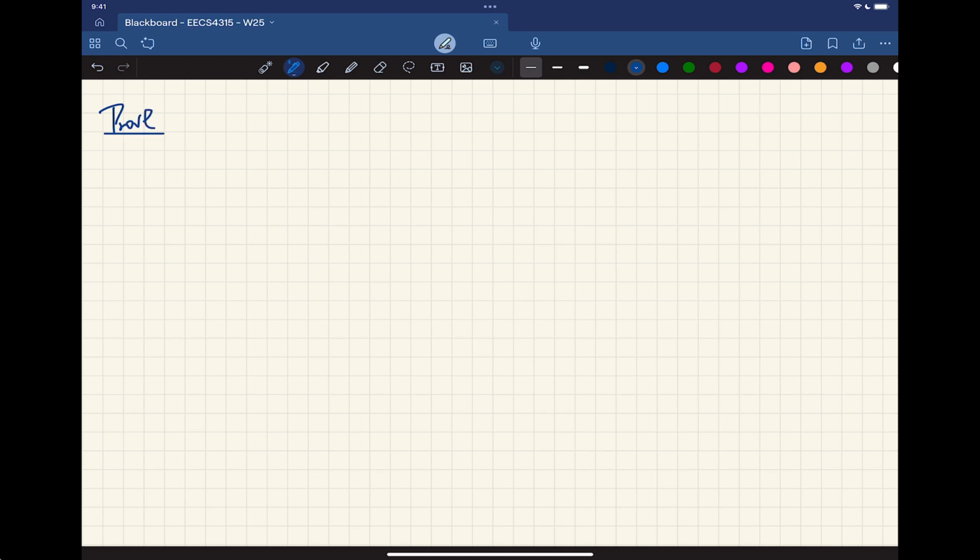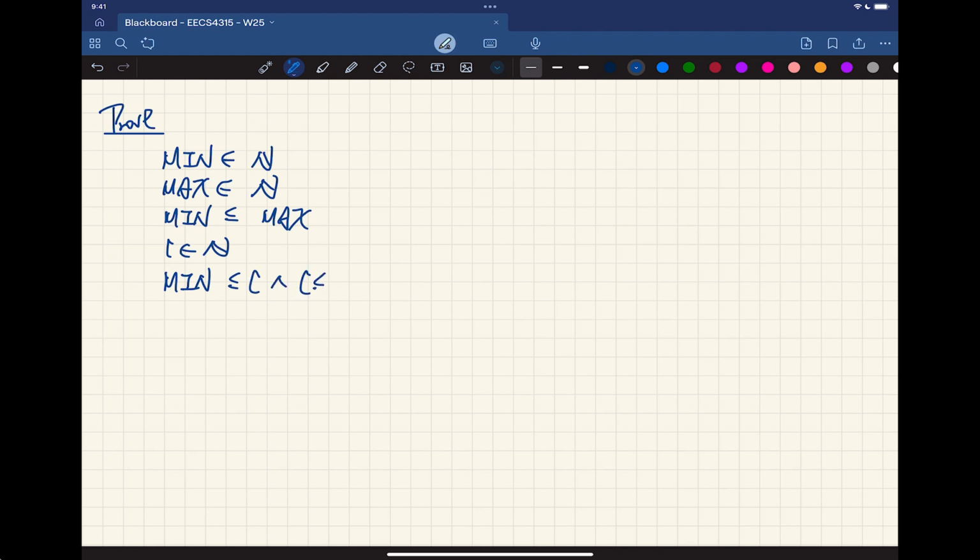Okay, let me copy that once more very quickly. So we've got minimum, a natural number, maximum, a natural number, minimum less than or equal to maximum. Also C is a natural number, and also minimum less than or equal to C, and C less than or equal to maximum, and C less than max.